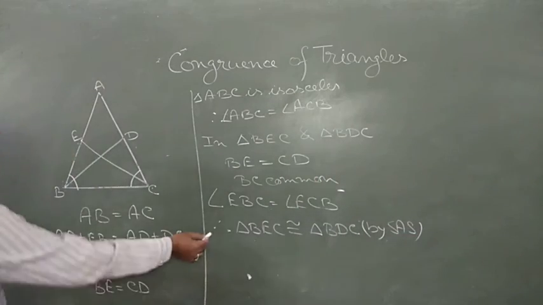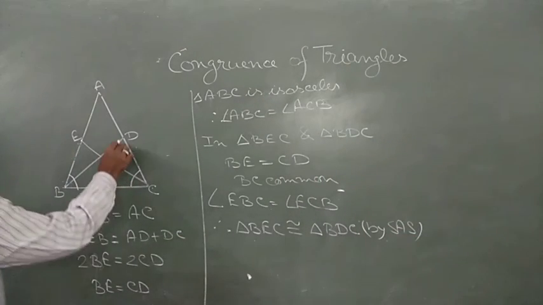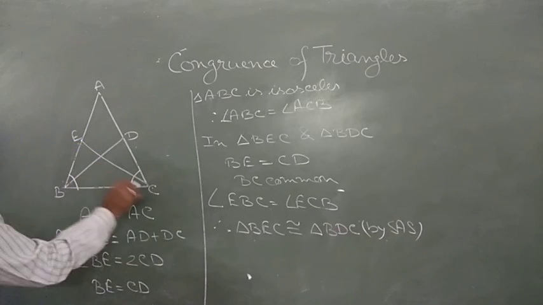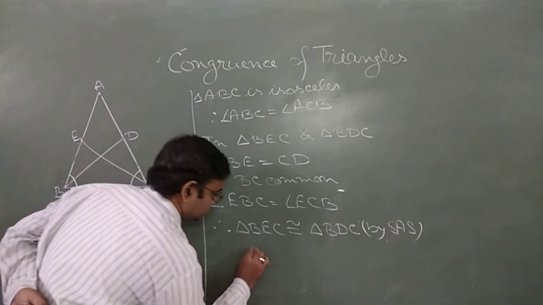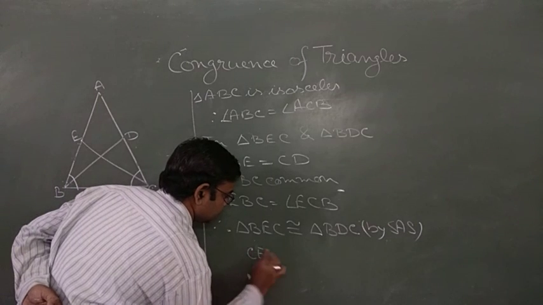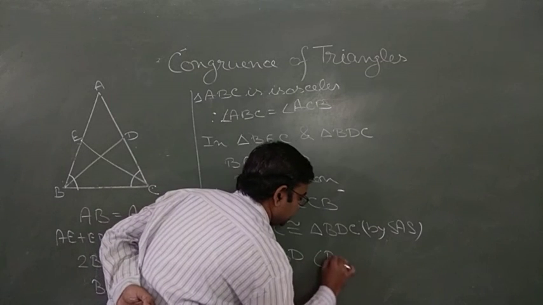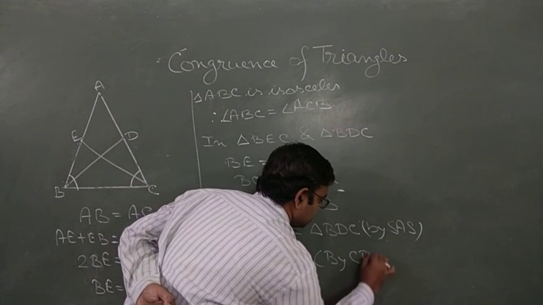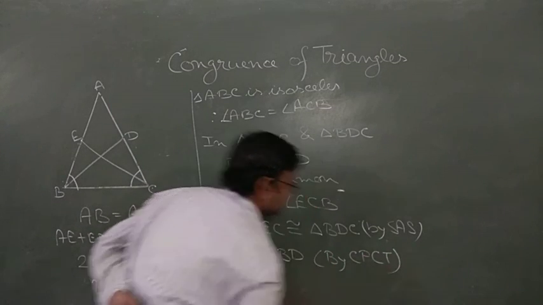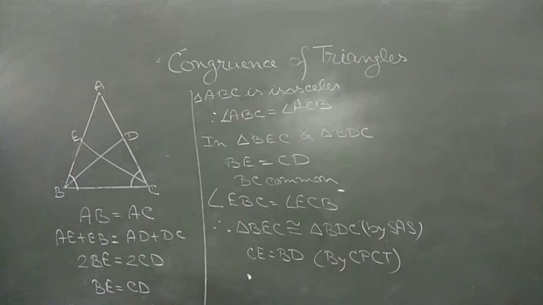If we are able to prove this part, then we can say that BD equals CE by CPCT. Clear? So I hope this part is clear to you.